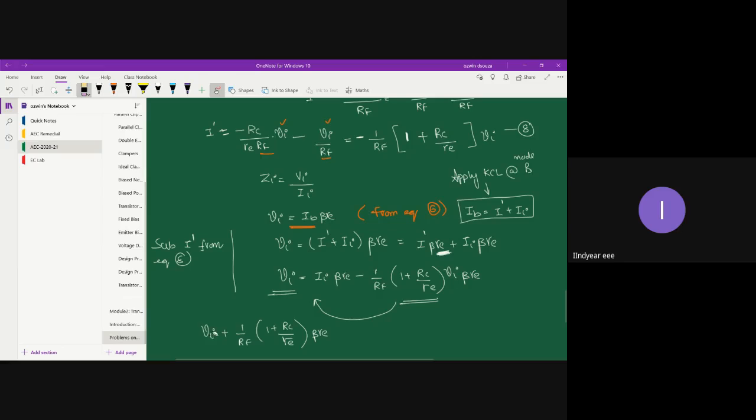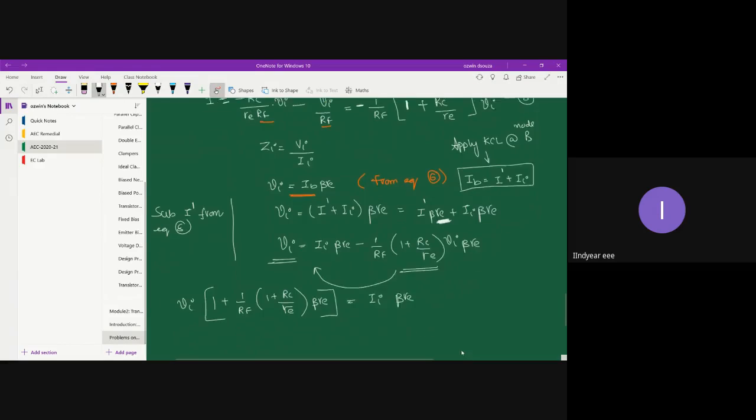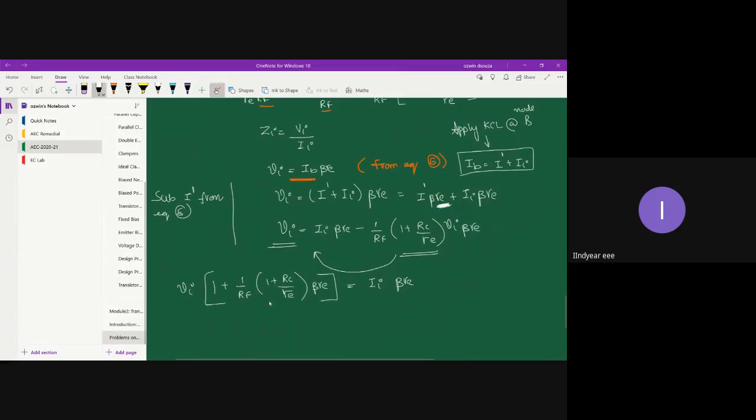Since Vi is common, I can reduce one step. We write 1 plus something. Let me take Vi, which is equal to Ii into beta re. Now let us take out the ratio Vi by Ii. We define Vi by Ii as the input impedance Zi.